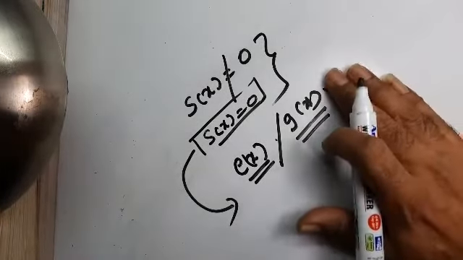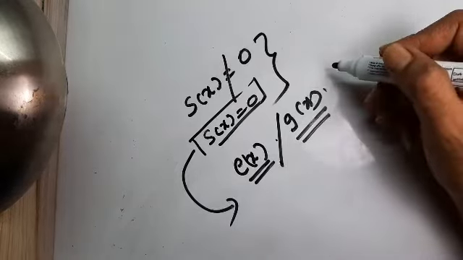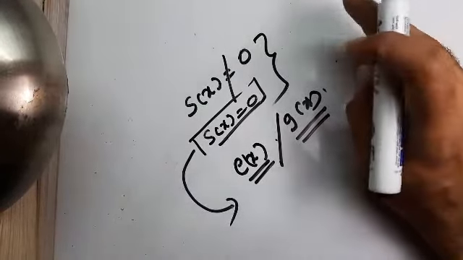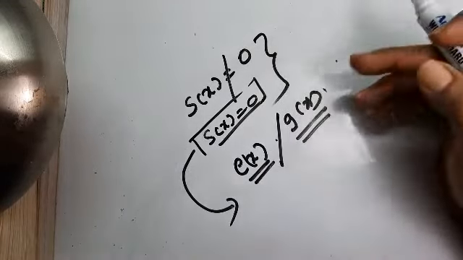So there will be situations where my generator fails to detect the error even though there is an error in the received code word. This is the first point regarding our generator.